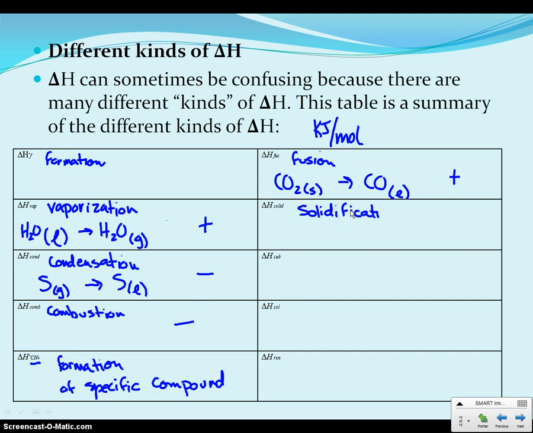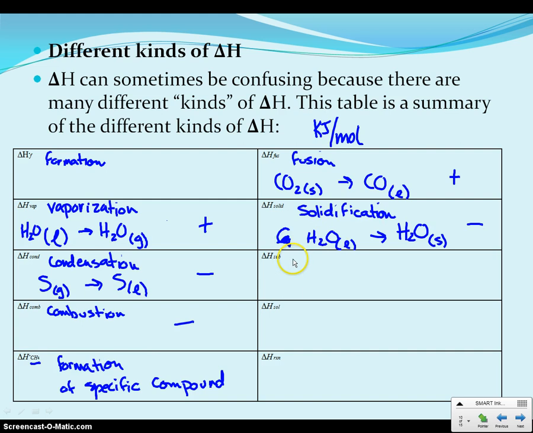Solidification, in other words, you're freezing something. Let's just use water again, going from liquid to solid. That's why I say be careful, because state of matter matters, and this generally releases energy.